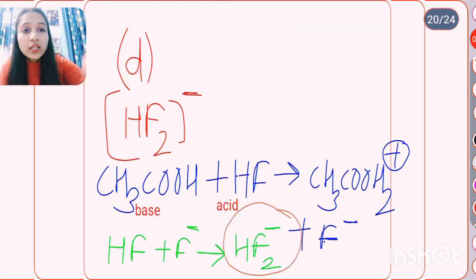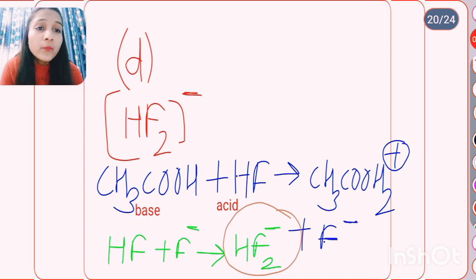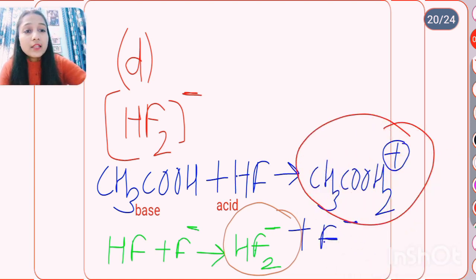Simply, how can they behave as base: take the example of CH3COOH. If we react it with HF, it accepts H positive from HF and behaves as a base, because a base accepts H positive and acids donate H positive. So it accepts and behaves as base, and here we come out with F negative. This F negative again reacts with HF to give HF2 negative.